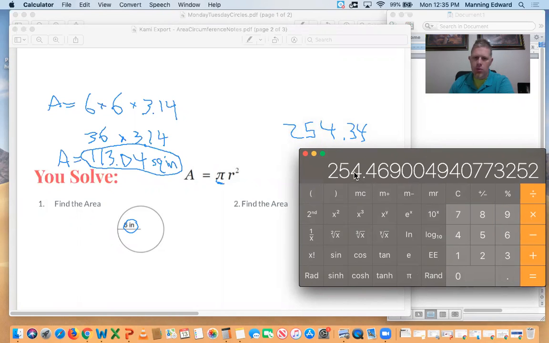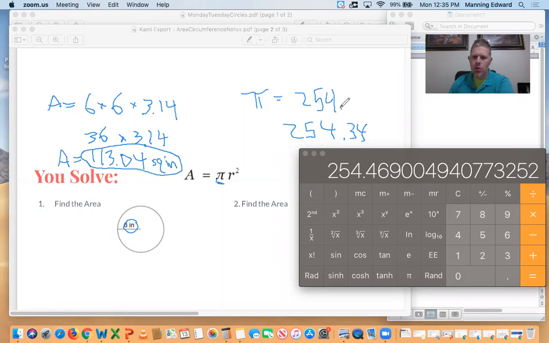That equals 254.46. A little bit different. So if we do it as pi, we get 254.46, if we're going to do it to the 100th place.